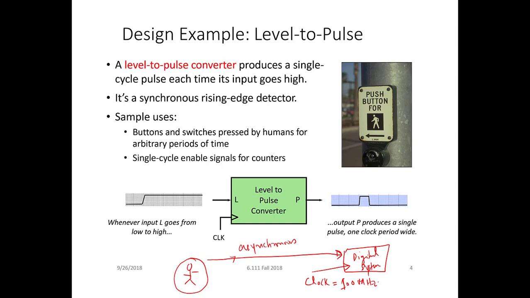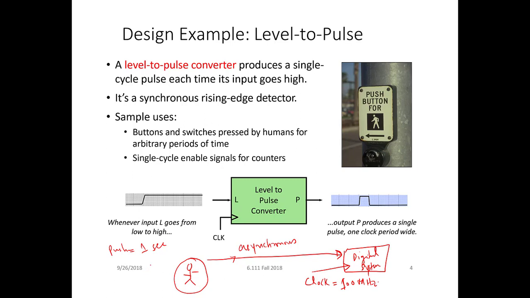For example, imagine that we started in the previous lecture with a problem that a user wants to push a button. Now, if the user wants to push a button and maybe he pushes it for 1 second, okay, but in this 1 second, how many cycles are there for the digital system?